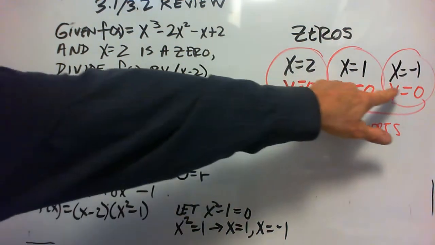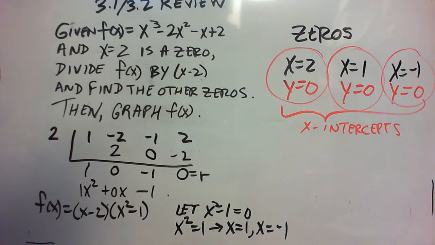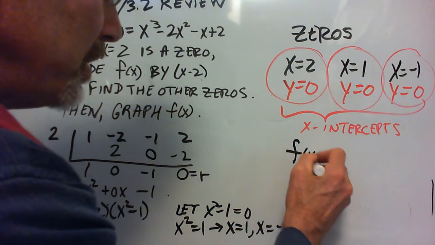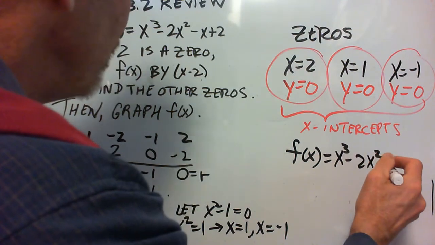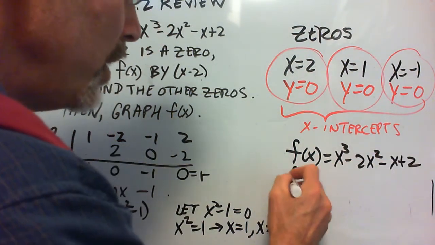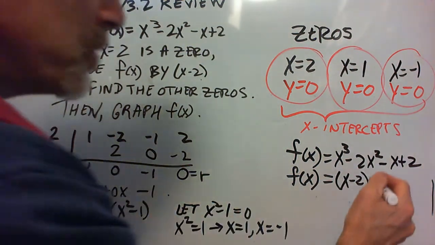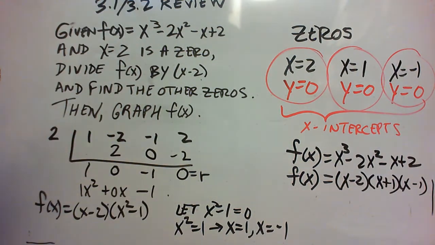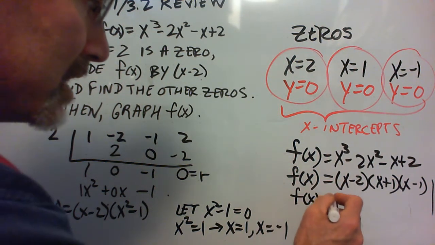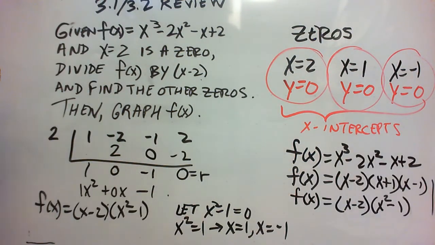So we plot those 3 x-intercepts and then find more points to finish this graph. And to do the graph, you can either use the unfactored form to find points, or you can use the factored form x minus 2 times x squared minus 1, and x squared minus 1 factors as x plus 1 times x minus 1, and plug your x values into that, or you could even use the form f of x equals x minus 2 times x squared minus 1, the partially factored form.